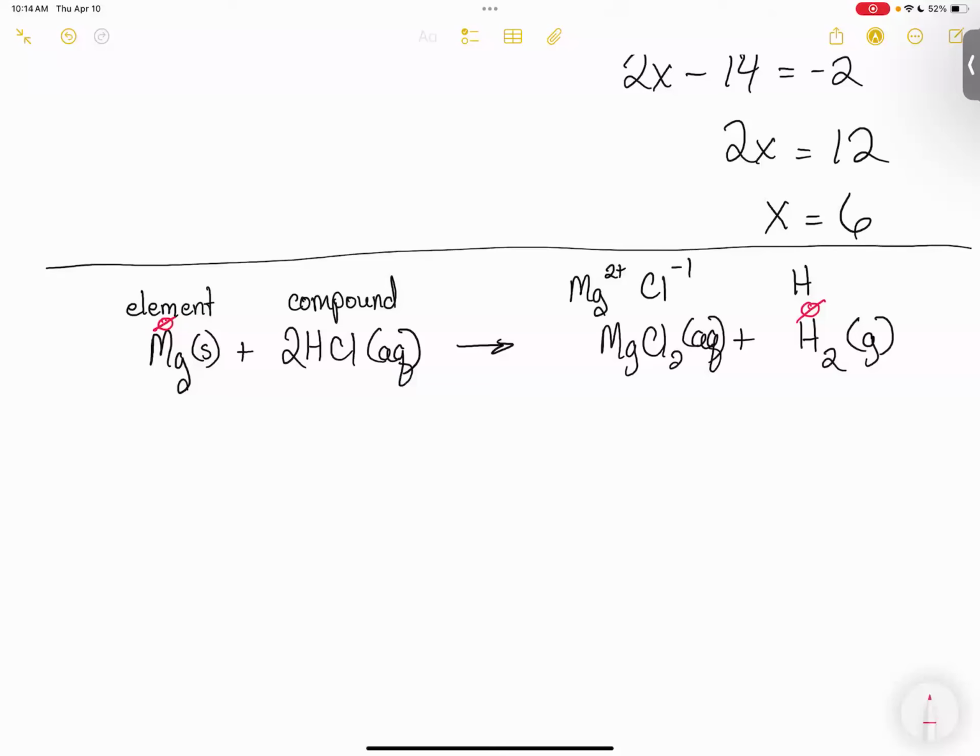Rule number 2 deals with ions. Do I have any ions in here? Maybe I should have done the complete ionic.